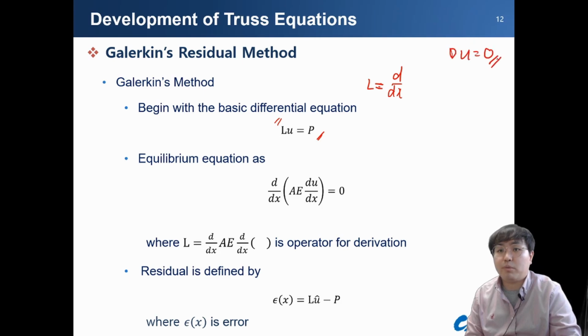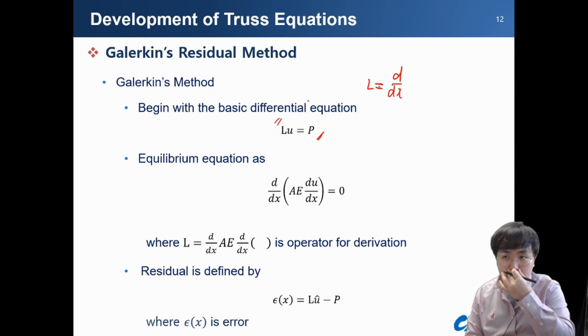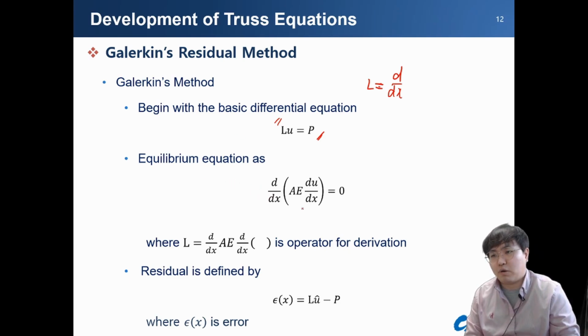We normally put this P equal to 0, but if we have a differential equation where we have some values on the right-hand side, you can use it. But in an equilibrium equation, P is always equal to 0, so you don't need to worry about it.